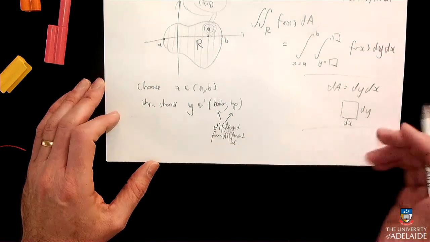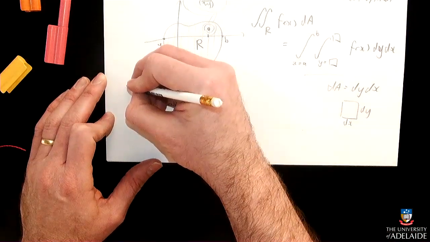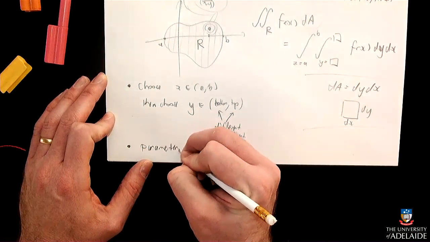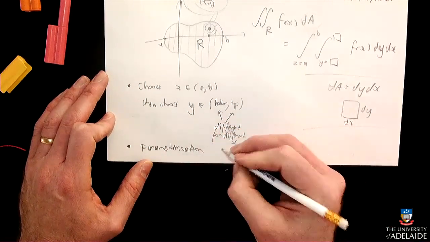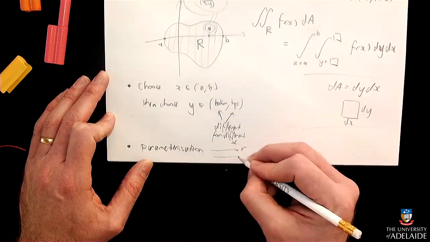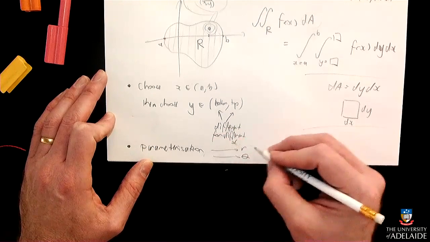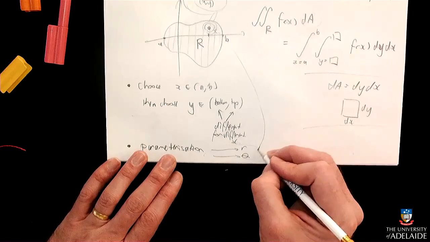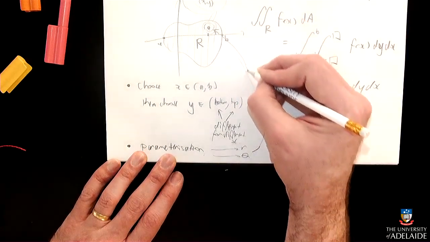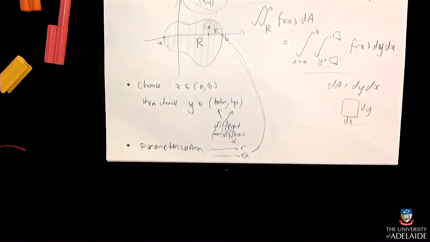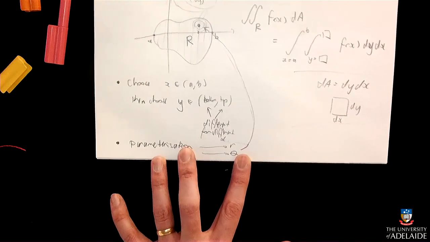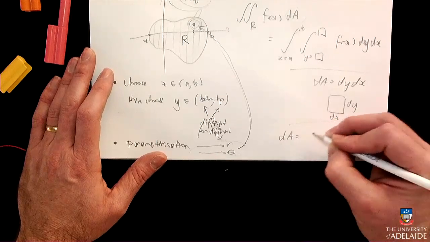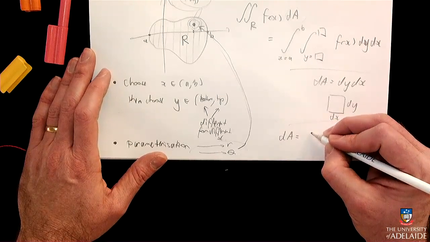So that's one way. The other way might be to have a parameterization, in which case you have like an r and a theta, and together they produce this point, something like that. So if you have a parameterization, you're going to have to say that dA is going to be, now what does your lecturer call this?